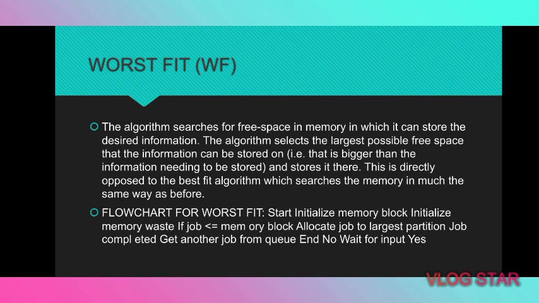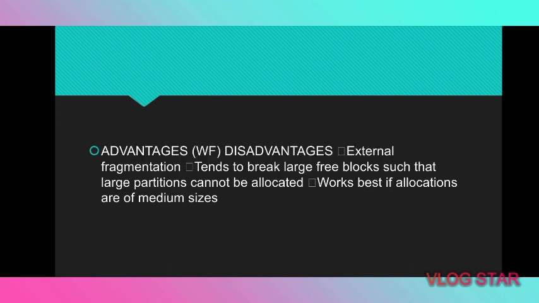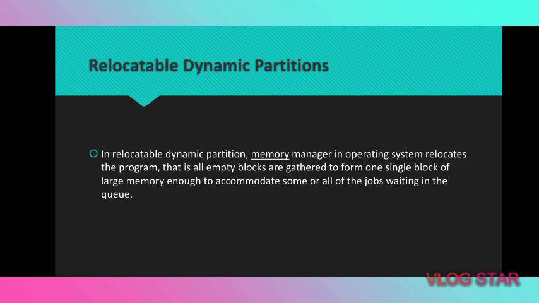This is directly opposed to the best fit algorithm, which searches memory in much the same way as before. So advantages and disadvantages of worst fit: internal fragmentation, and it tends to break large free blocks such that a large partition cannot be allocated. It works best if allocations are of medium size.